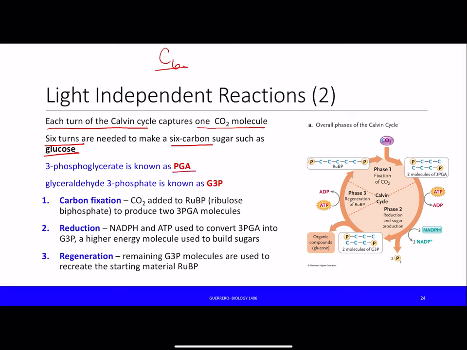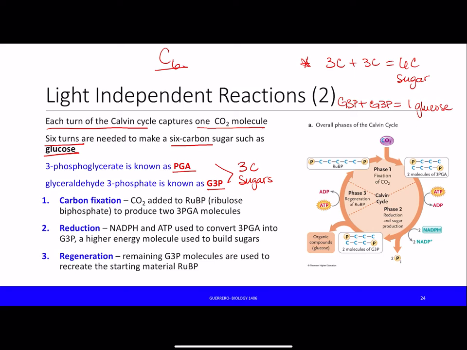We can make PGA, which is 3-phosphoglycerate, or we can make G3P, which is glyceraldehyde 3-phosphate, but their claim to fame is they are 3-carbon sugars. Okay, and remember that a 3-carbon sugar plus a 3-carbon sugar equals a 6-carbon sugar, which is what glucose is. So if I did G3P plus G3P, I would get 1 glucose.